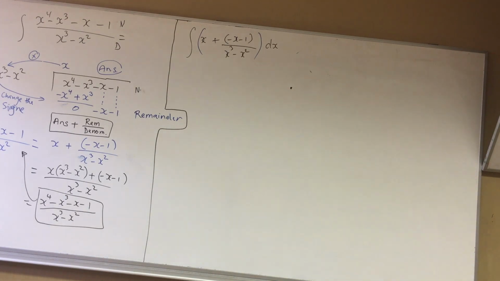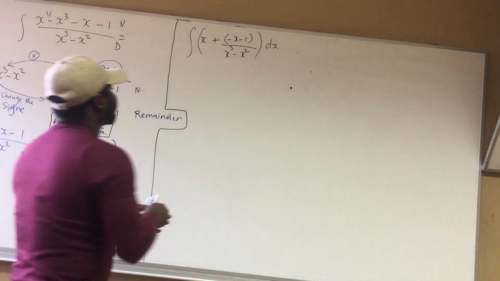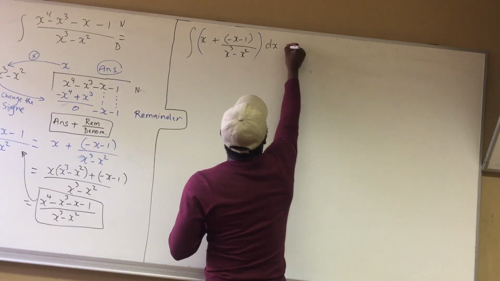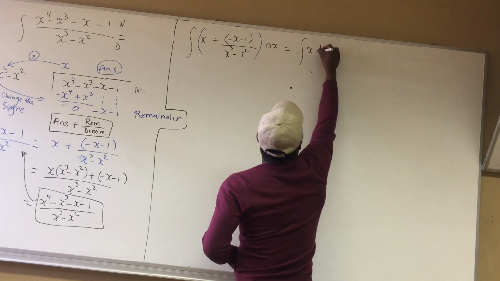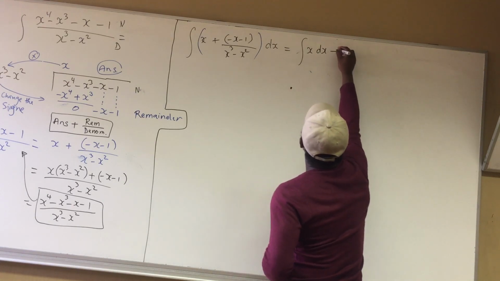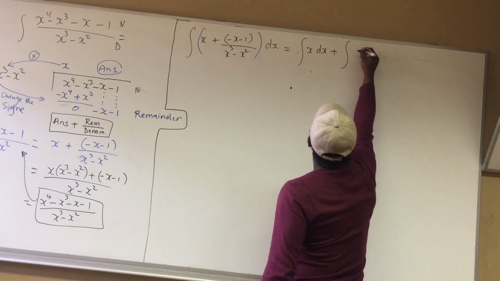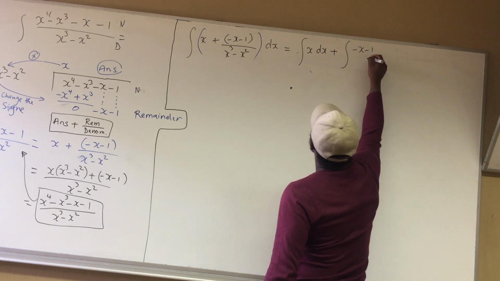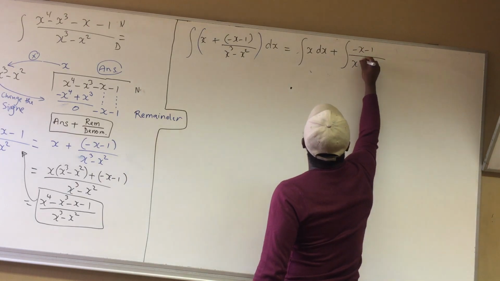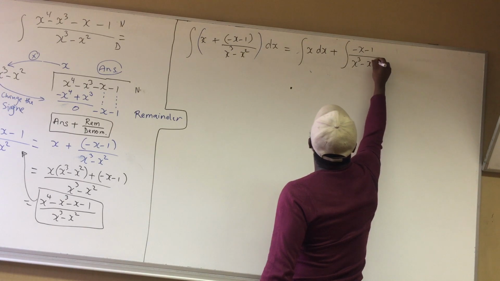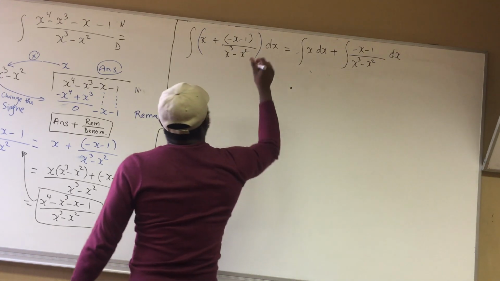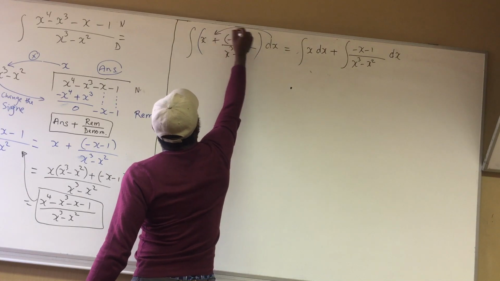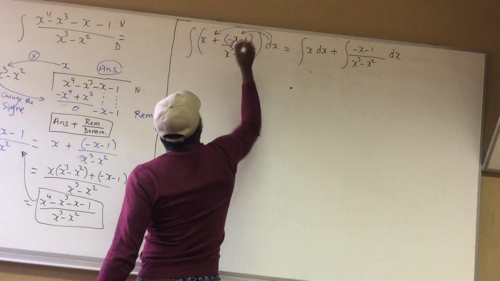I have to do the distribution so that I can solve it. This will be the integral of x dx plus the integral of minus x minus 1 divided by x cubed minus x squared dx. What I did is I just distributed this.